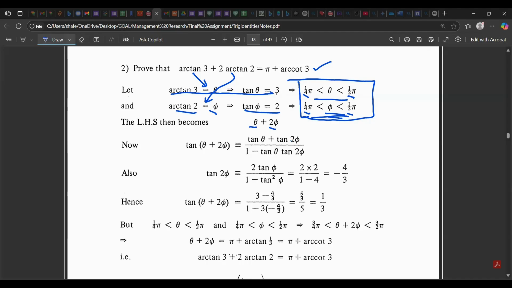Good. So from this, theta plus 2 phi is this side. If you take the tan of that, it will be this. With this now, they take this and this, because you need that.